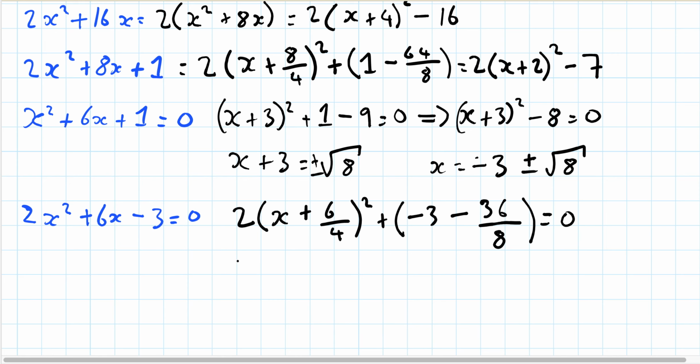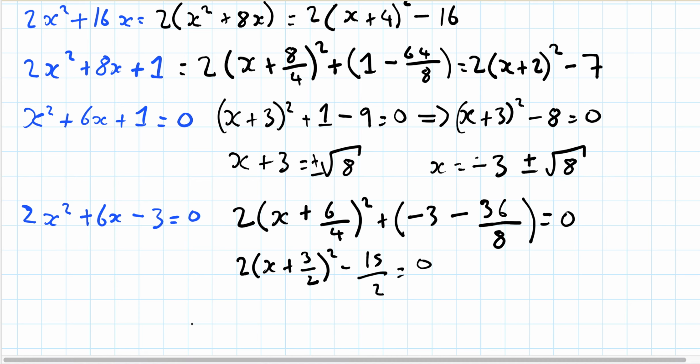So this will give me 2 times x plus 3 over 2 squared, and just going to do the inside of the bracket. So 36 divided by 8 is 9 over 2. So do minus 3 minus 9 over 2 to get minus 15 over 2, to equal 0. And then we just rearrange. Take the minus 15 over 2 over and divide that by 2, so that will give us a positive.